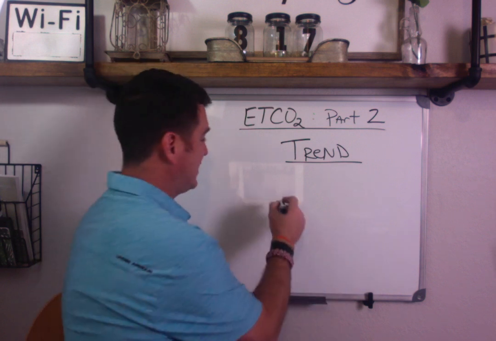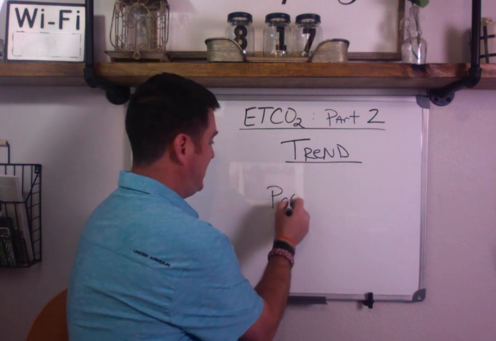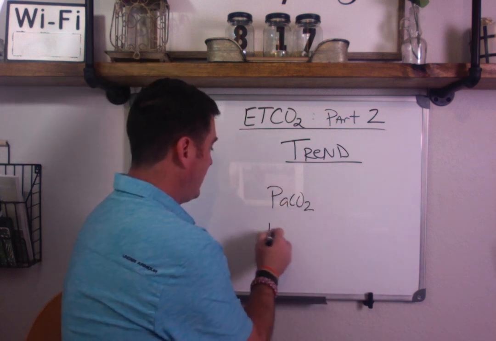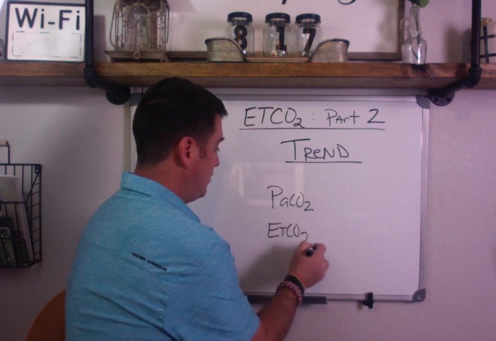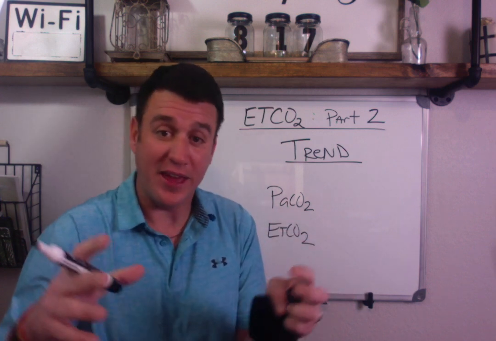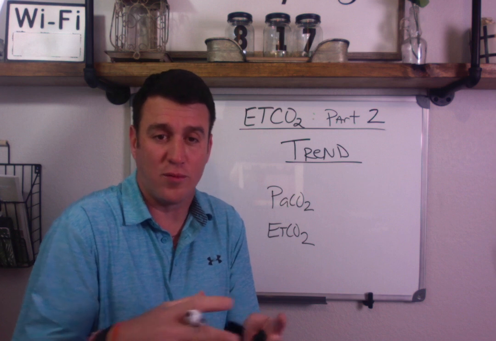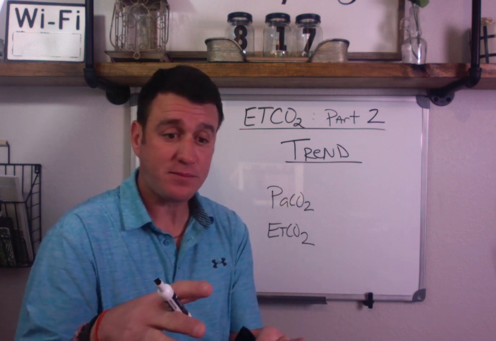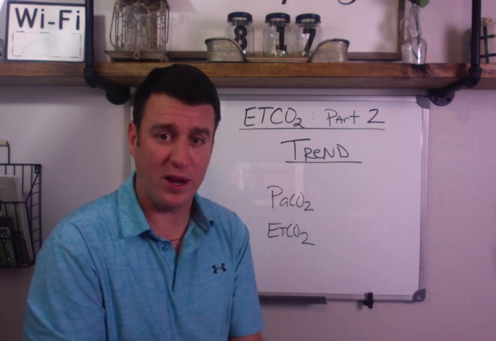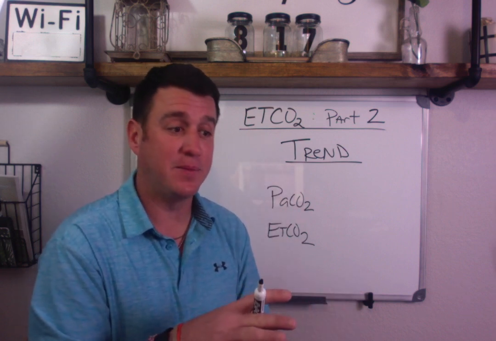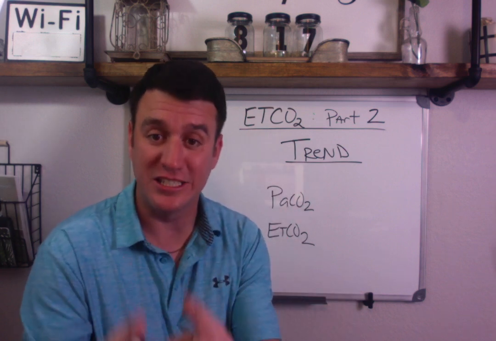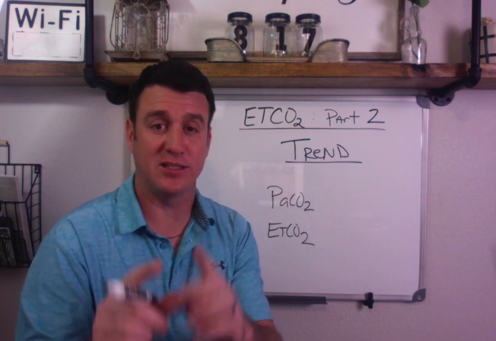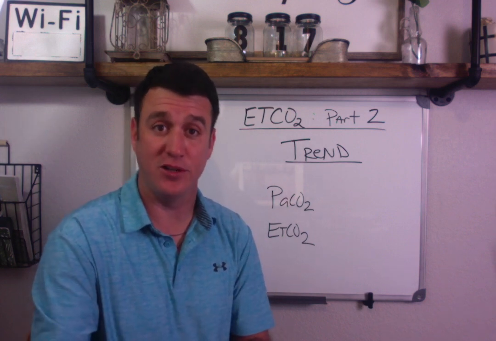Okay, so let me do it like this. You have PaCO2 here. You have end-tidal CO2 here. Now remember, they're relatively close in the normal healthy person. But even if they get further apart, they still should move at the same rate, in the same direction, except for one disease process and one problem that I'm going to tell you about, okay?